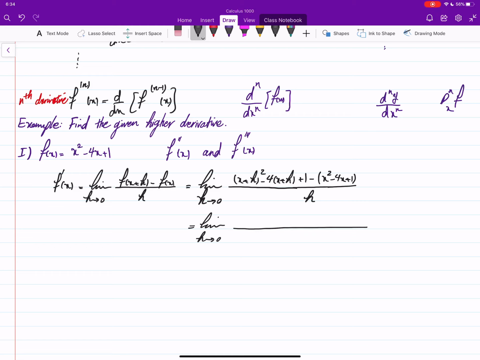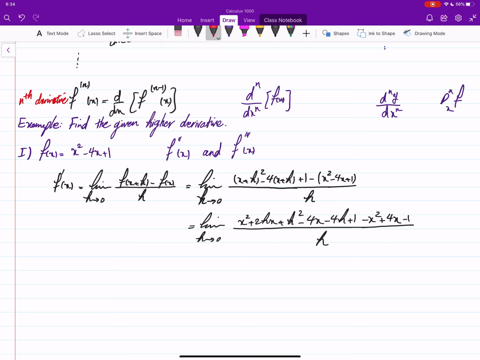What you notice is x squared plus 2hx plus h squared minus 4x minus 4h plus 1 minus x squared plus 4x minus 1 over h.